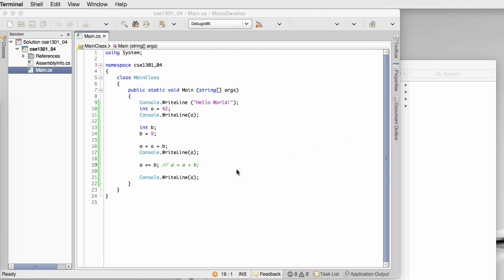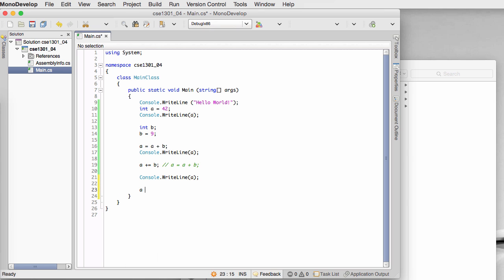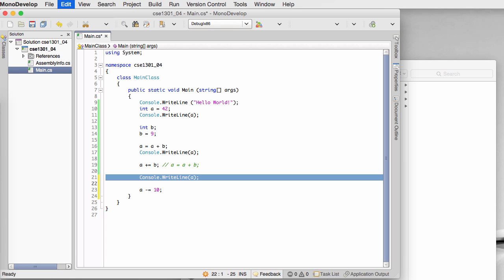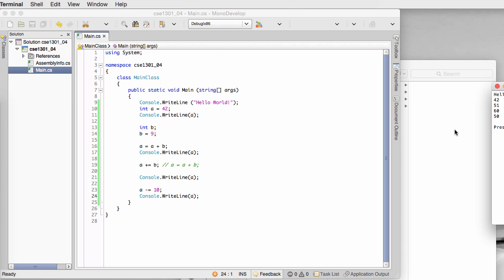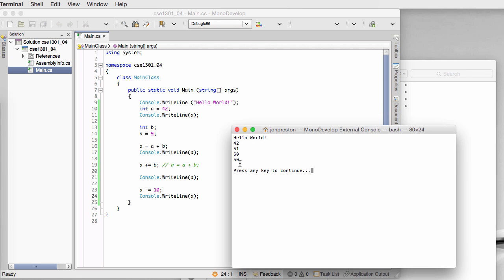I could also say a minus equal and then some value, and that's going to decrement a by this value. So in this case I'm going from 60 down to 50, and if we run this we indeed get our 50 value because I've reduced it by 10.